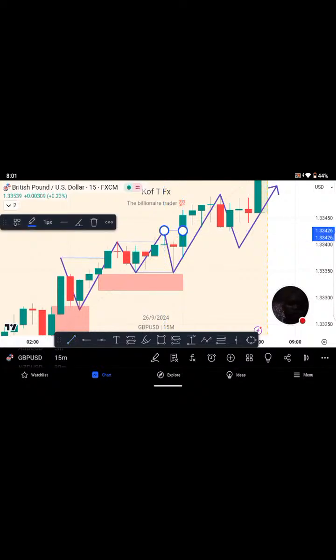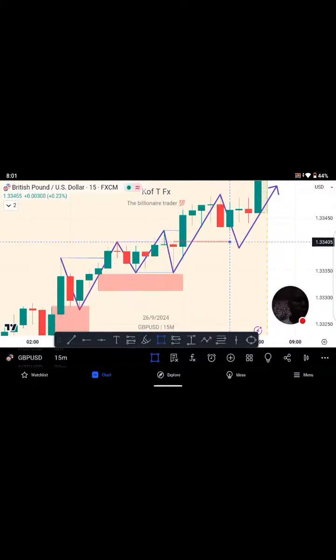So our entry will be from here. This pin bar is our entry to the low of that pin bar.